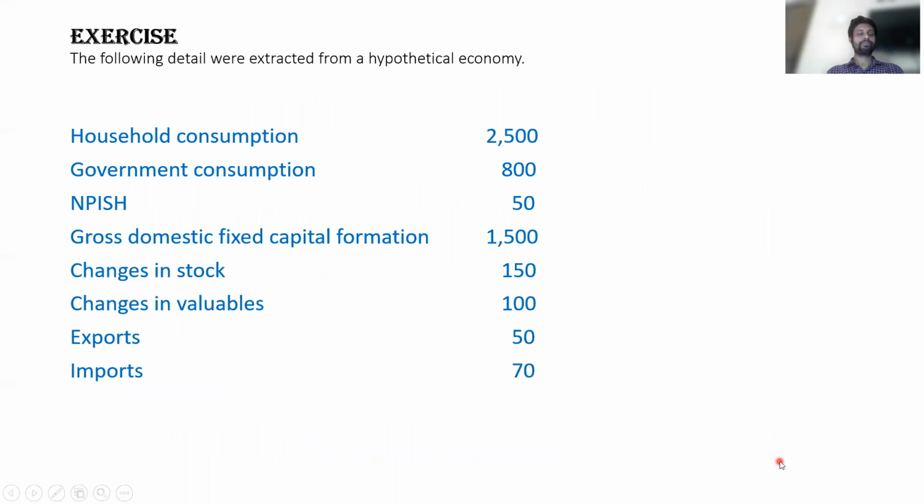16,500. Here is a question. Details are given for a hypothetical economy: household consumption, government consumption, NPISH, gross domestic fixed capital formation, changes in stock, changes in valuables, exports, imports. The things are given as usual, in order. What we have to do is use the format.